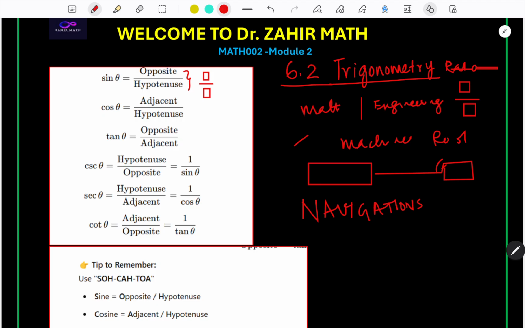Where else, teacher? Measuring heights of buildings or mountains. If you want to know the height of a building or a mountain, when you go outside and climb mountains, you need heights. For this, trigonometry is applied.